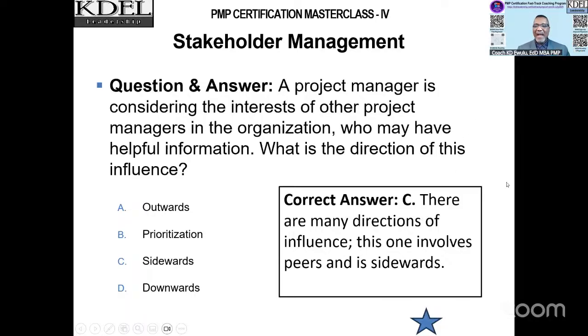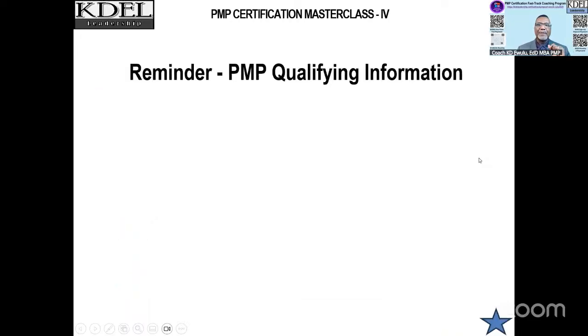All right, I am going to be sharing with you some PMP qualifying information. I think you should see that on the screen because this is critical. This is information you need to make up your mind to enroll in the PMP program. So here goes.